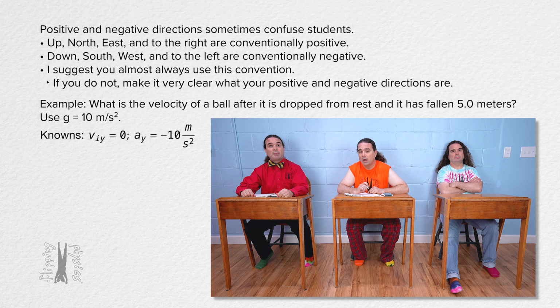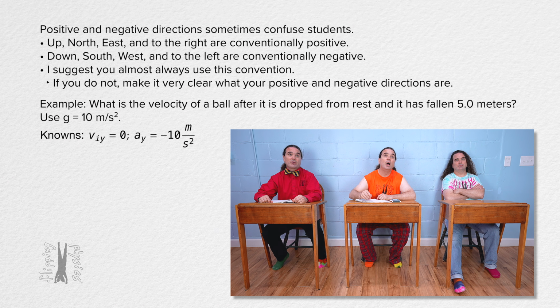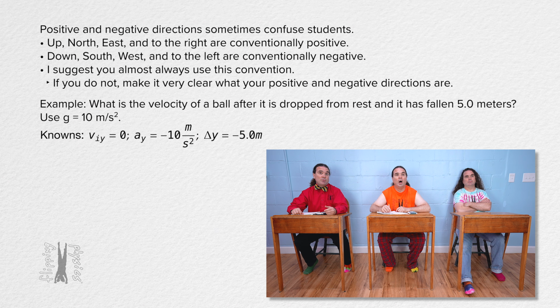The acceleration of the ball in the y direction equals negative 10 meters per second squared because in free fall, the acceleration of an object equals the negative of the acceleration due to gravity. The displacement in the y direction equals negative 5.0 meters because the ball moves down 5.0 meters and down is negative. And we are solving for the final velocity of the ball in the y direction, so that equals question mark.